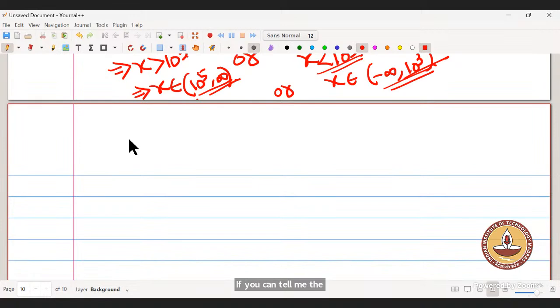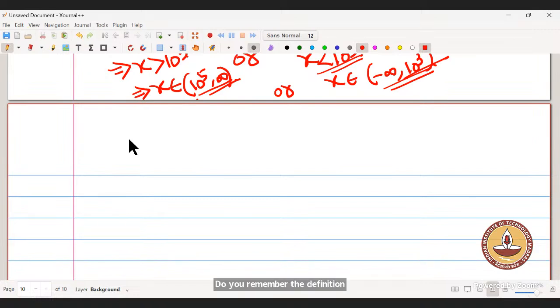Okay, I don't remember the definition of asymmetry. Do you remember the definition?